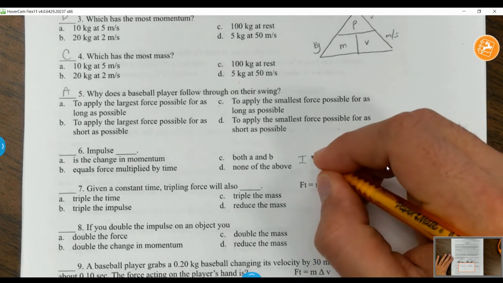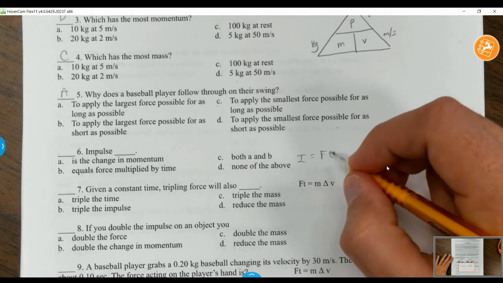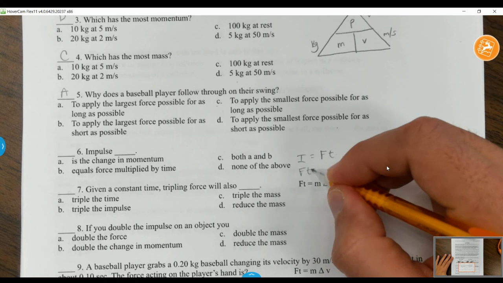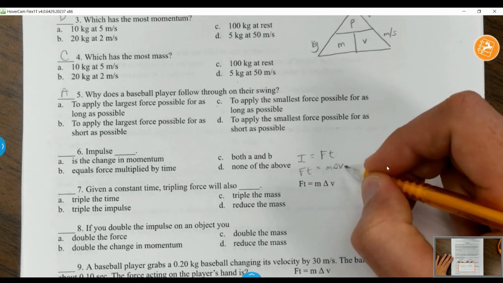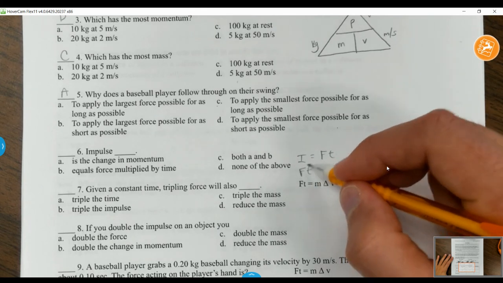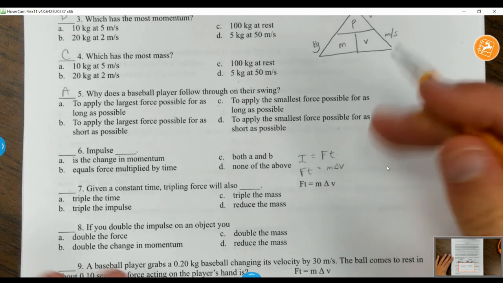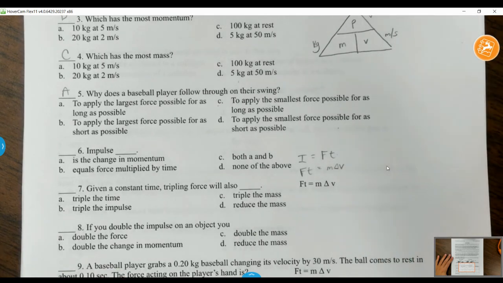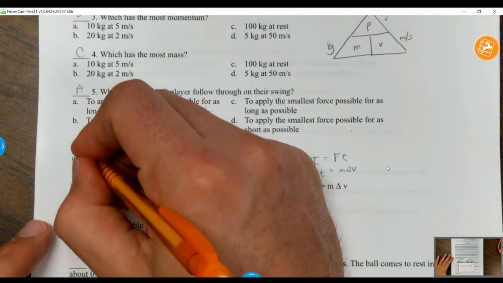So impulse can equal a force times a time, and it can also equal your change in momentum. Remember the little triangle here, it means delta. Delta just means the change of. So the final velocity minus the initial velocity. Because you can't change the object's mass, you're changing its speed. So in which case, here you're looking at letter C. It's both of them.